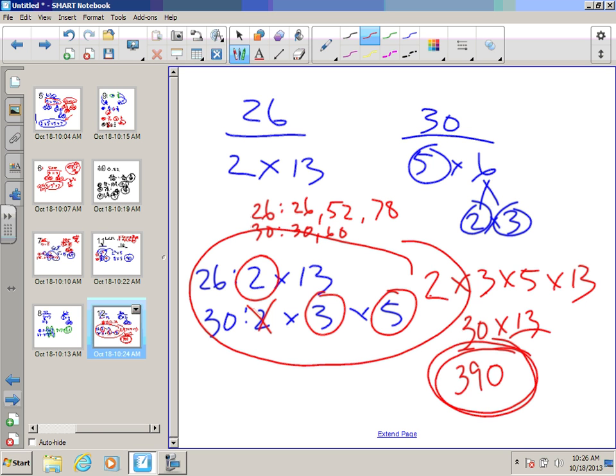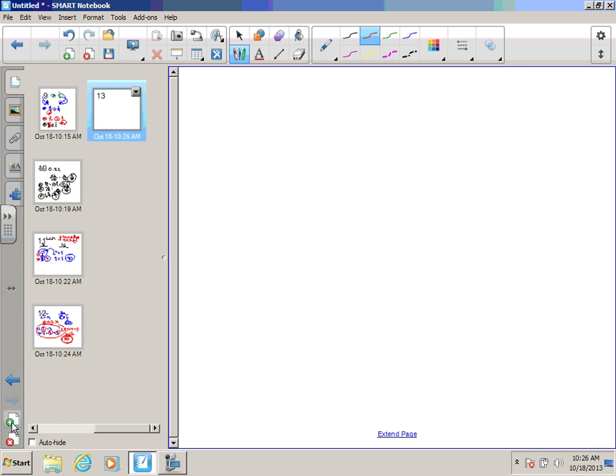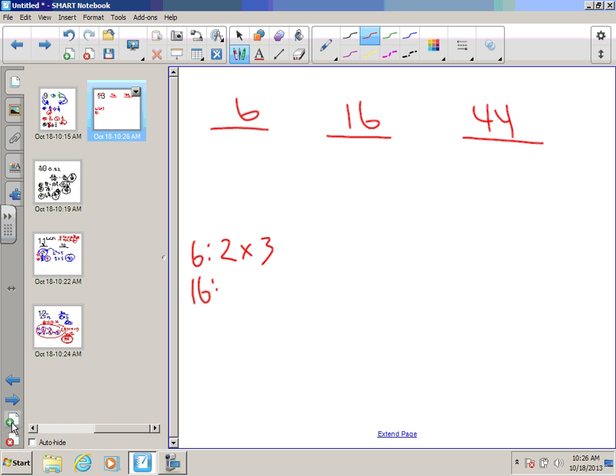6 and 16 and 44. Let's look at that last one. So a factor tree for prime factorization for 6 is 2 times 3. For 16, a 3-headed monster, 8 times another 2, is 2 to the 4th.